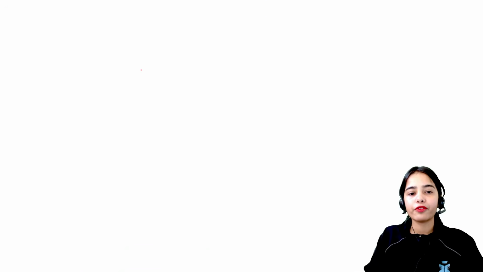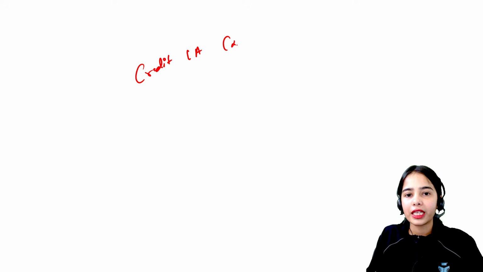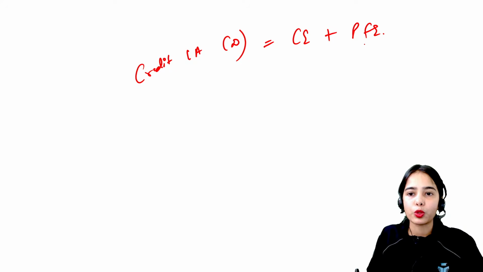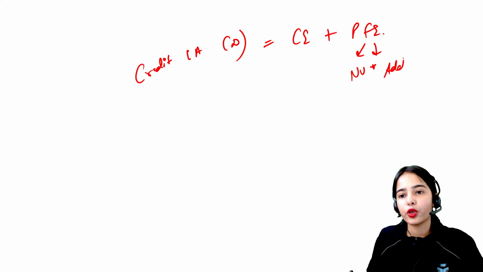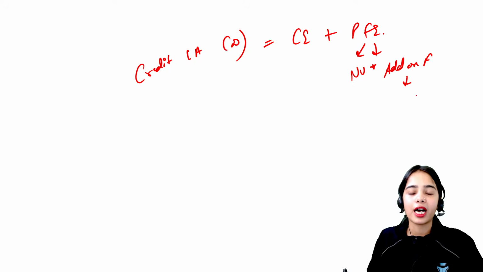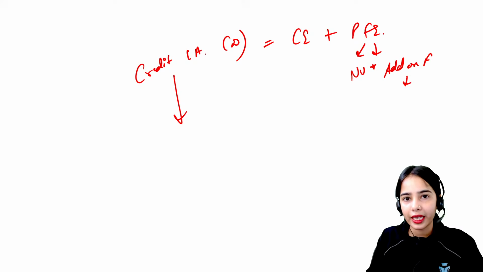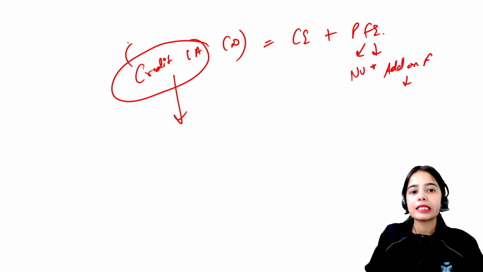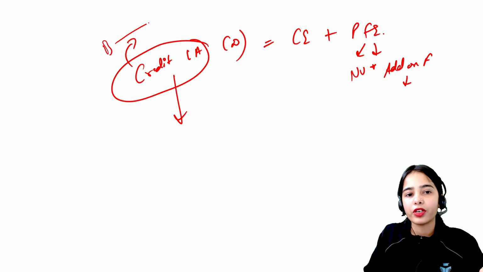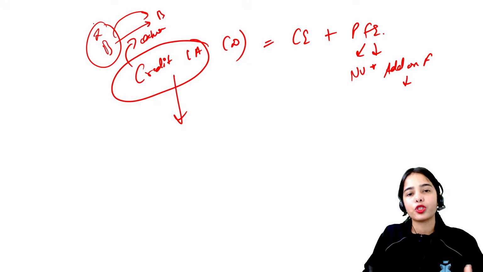Let me summarize that. First, we calculate the credit equivalent amount for the derivative contract by taking the current exposure plus the potential future exposure, which is calculated through the notional value multiplied by the add-on factor provided by the RBI for the different contracts. Once we have the credit equivalent amount, that is the exposure that the Indian bank has to the other bank.